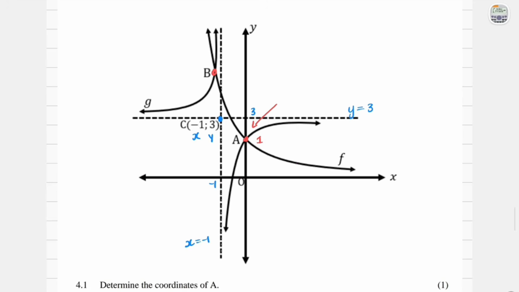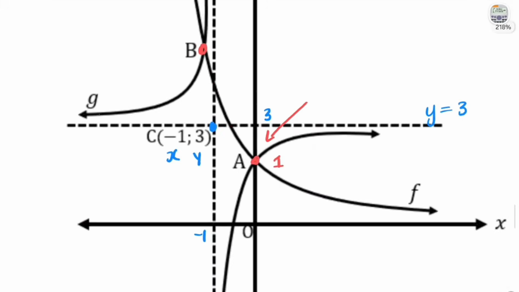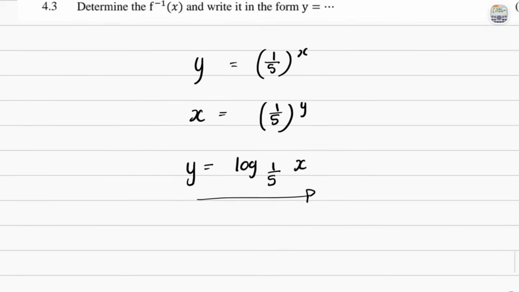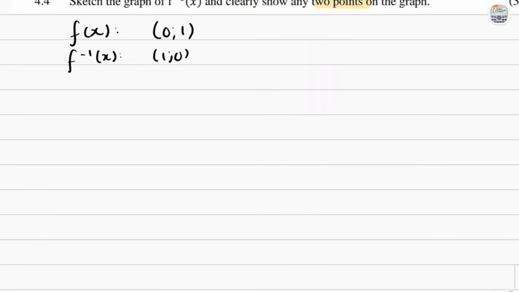Now, obviously, it's not going to be -1 and 3, because this -1 and 3 just stand for the intersection point of our asymptotes. So -1 on the graph of f is going to be paired with a value over here, not this 3. So let's substitute -1 in the equation of f so we can find its y value.